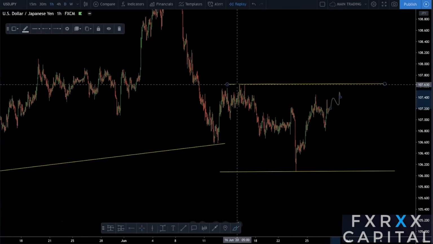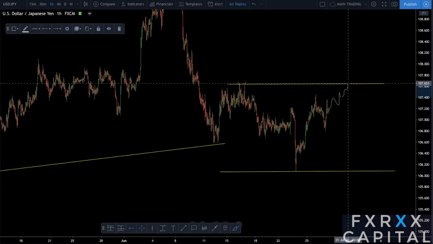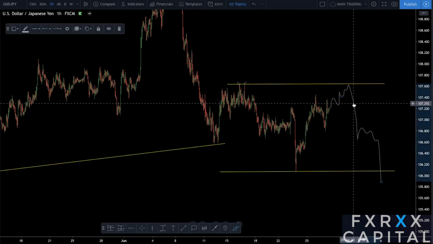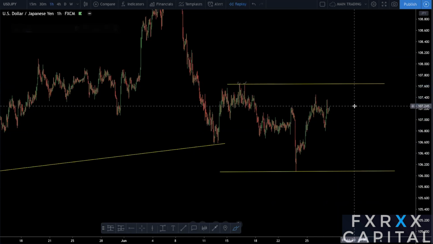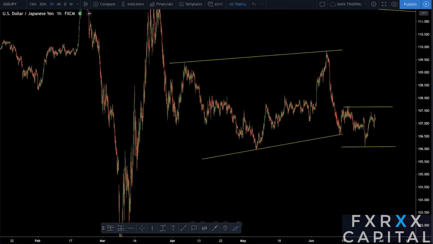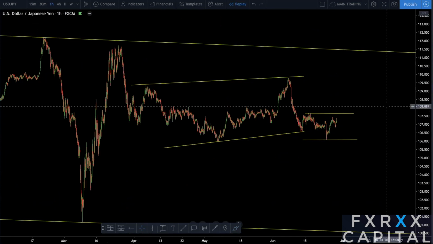If price keeps playing around here, bigger double top, to sell here. Okay, this is only one possibility for USD JPY because this is not a valid trade. Okay, this one is not a valid trade for me. USD JPY is not my priority. I'm looking for all the top of structure.